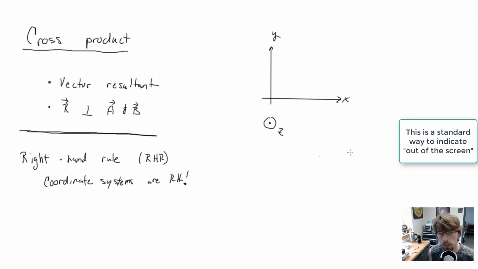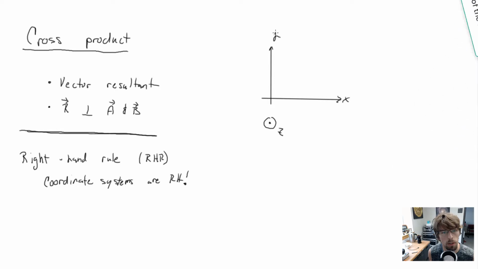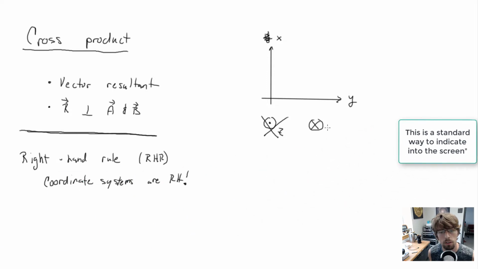If we had chosen a different orientation, say x up and y the horizontal axis, then all of a sudden z will not be out of the screen, but rather into the screen.